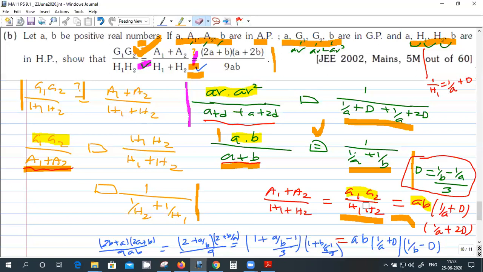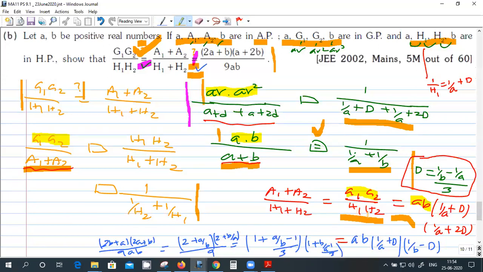So we just take G1 G2 divided by H1 H2 and see how it is simplified. G1 G2 is AB. Is that clear? G1 G2 is this one, the same as AB.